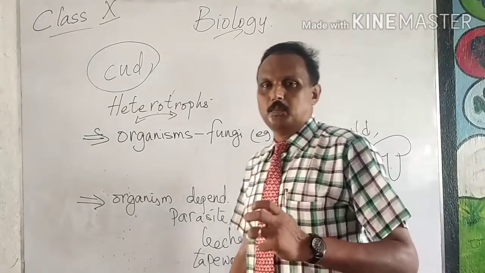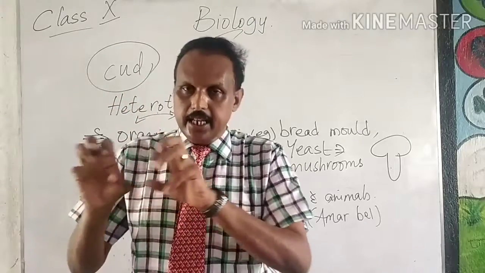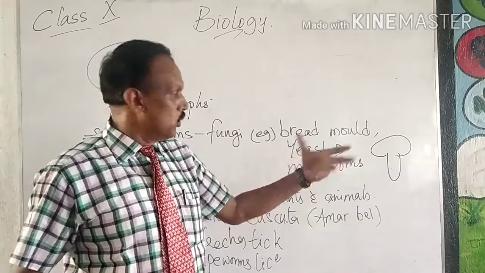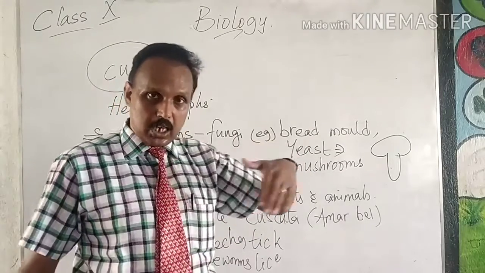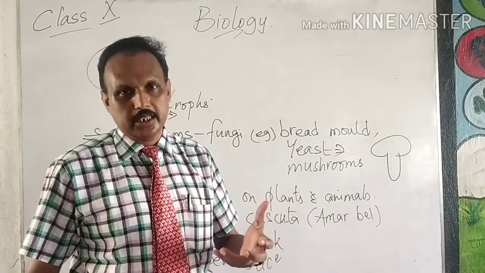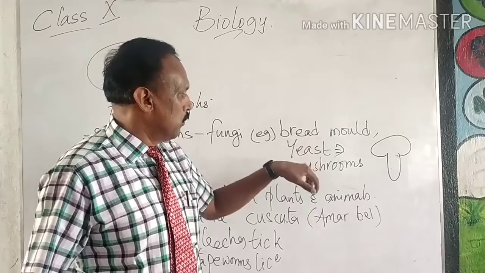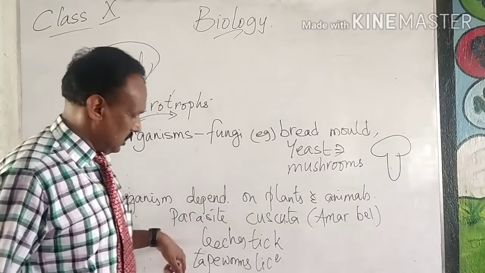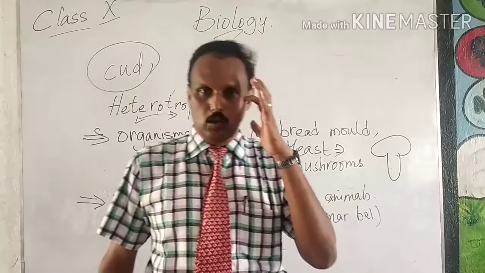They break down food outside the body, and then that energy is absorbed by the organism. Like us, they don't take the food inside and then do nutrition. Here, nutrition is done outside the body of the organism, and then that energy is absorbed inside, like bread mold, yeast, mushrooms, and all those things. They are completely parasites like cuscuta, leeches, tick, tapeworms, lice, and all those things.